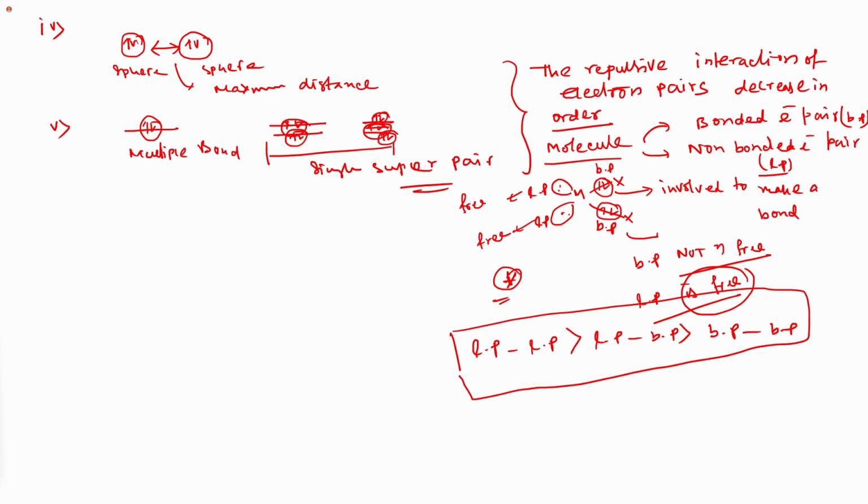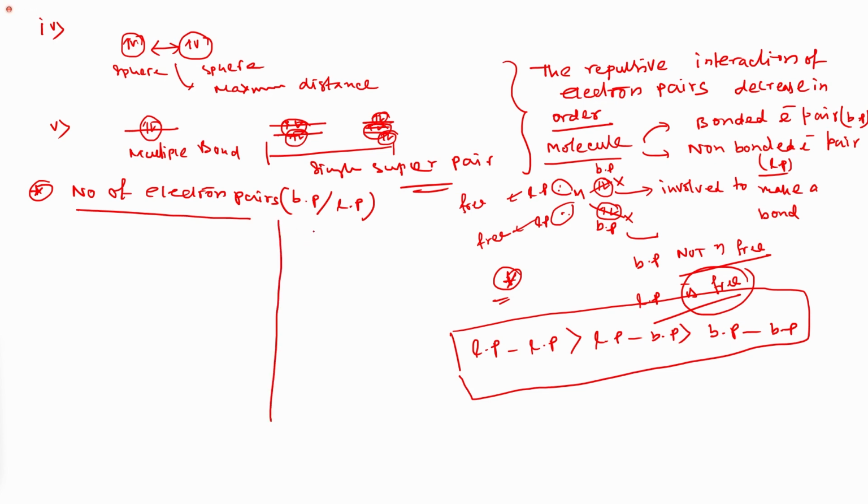Now, according to the number of electron pairs, which involve bond pairs and lone pairs, we will define the shape of the molecule.